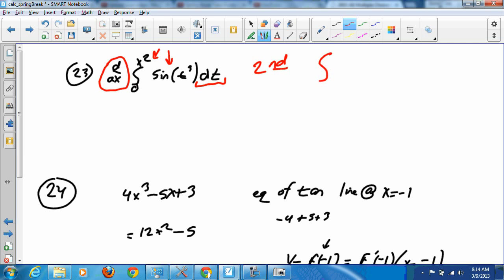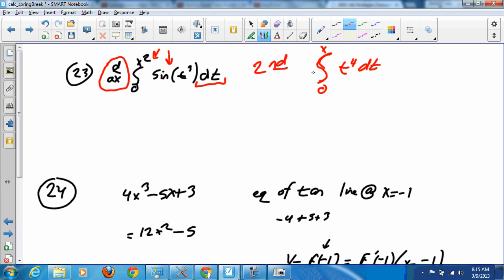Okay, let me give you an example over here. If we have from 0 to x any function in terms of t, let's say t to the 4th power dt.